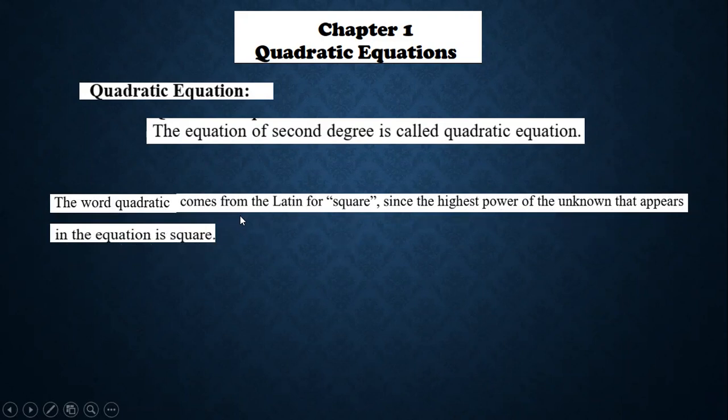This is the typical definition of the quadratic equation. So a quadratic equation has the highest power square, by square meaning 2. So that equation in which the highest power is 2 is called quadratic equation. Okay.